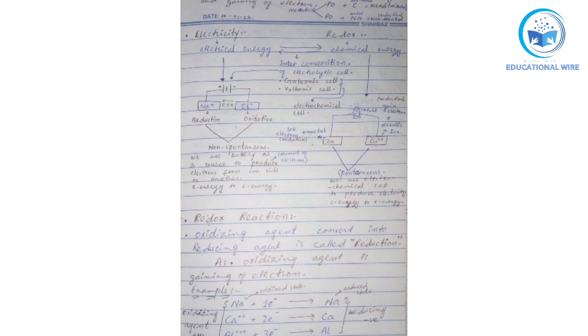Here we use just one thing, that is chemical cells. When these chemical cells produce electricity, they convert chemical energy to electric energy, and that is called a spontaneous reaction.